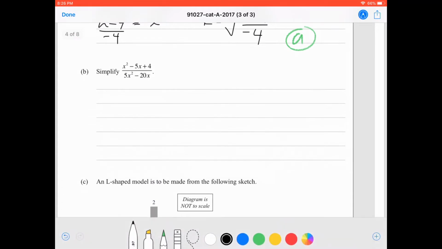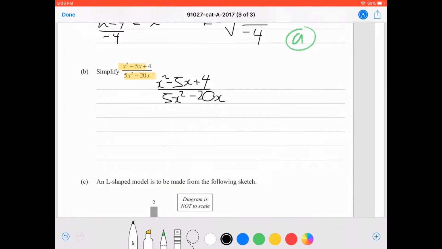Question 2b now. I've been asked to simplify this fraction, x squared minus 5x plus 4 over 5x squared minus 20x. Obviously, the first thing we're going to do is write out our fraction. And straight away we can see that we're probably going to be factorising here. When in doubt, factorise.